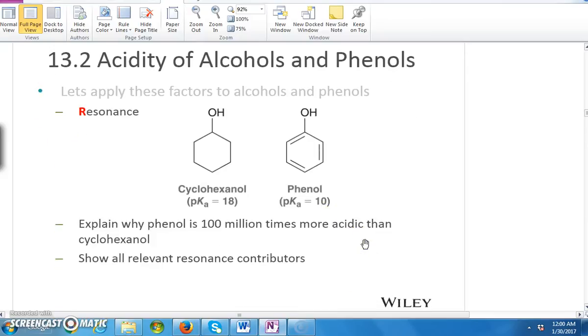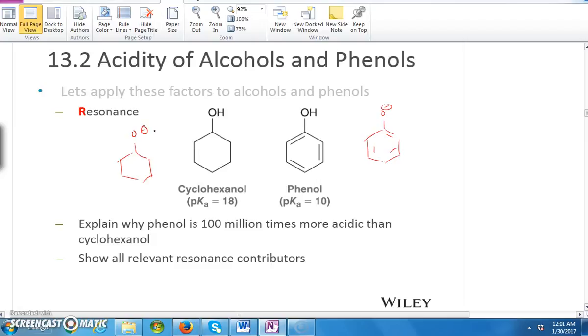Now we can see here that phenol is 100 million times more acidic than cyclohexanol, because for phenol, of course, the conjugate base is stabilized by resonance, while the conjugate base of cyclohexanol is not stabilized by resonance. It can only be stabilized by the atom.